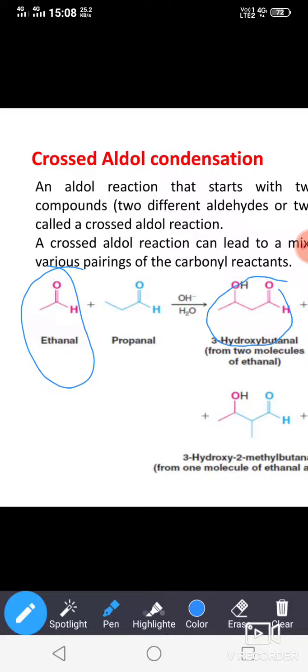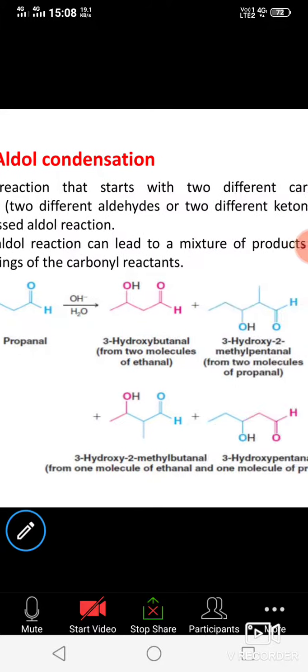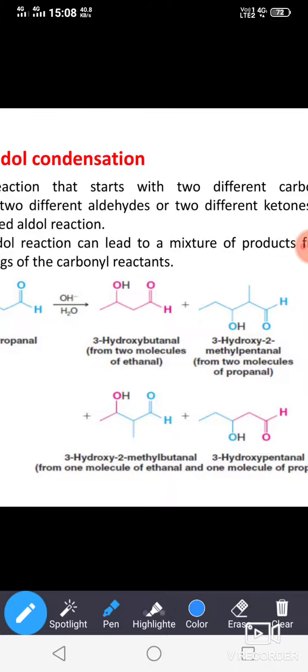Now you have another molecule of aldehyde, propanal. It also has alpha hydrogen, so this can also undergo self aldol condensation reaction. In that case, we will have this molecule, 3-hydroxy-2-methylpentanal.